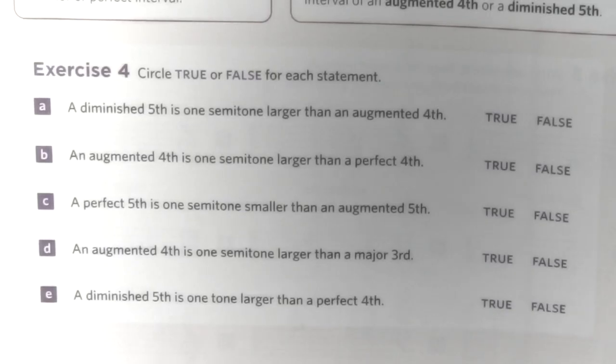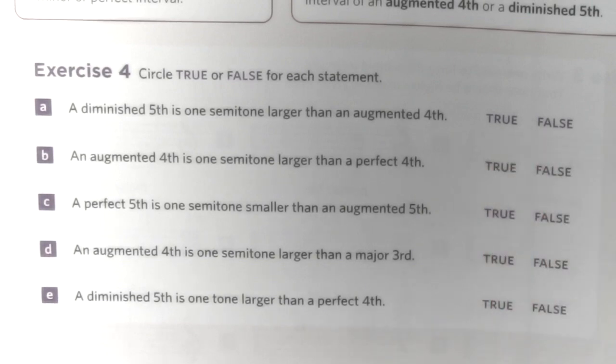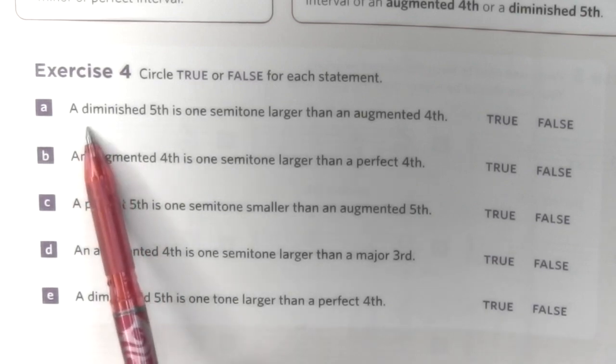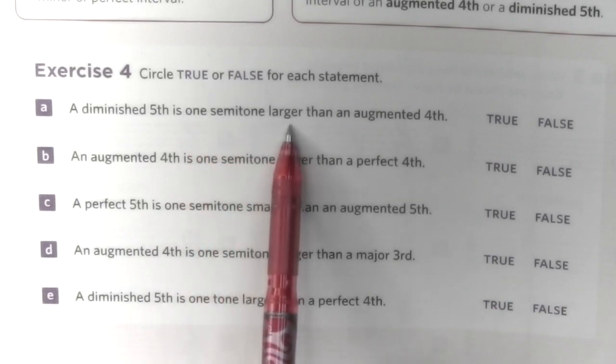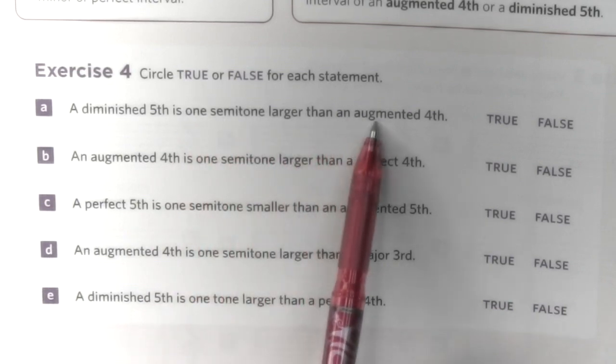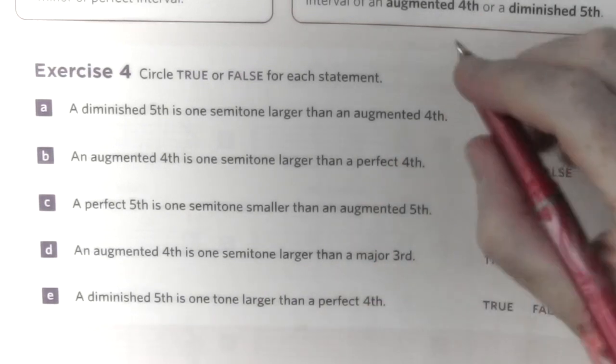In exercise 4, we need to circle true or false for each of these statements. A diminished fifth is one semitone larger than an augmented fourth. Okay.